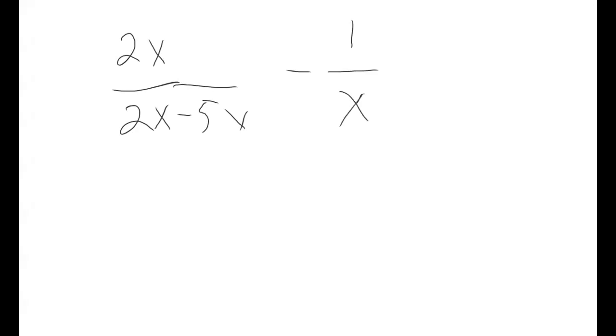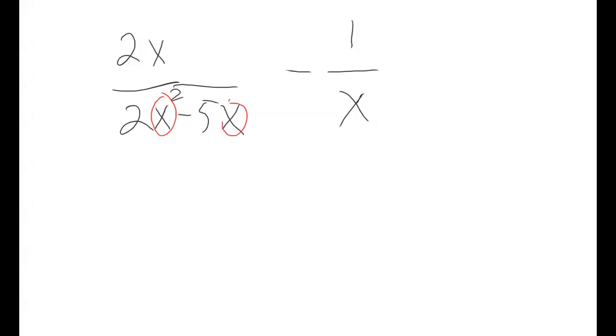So first we have to find a common denominator, right? I wasn't sure what the common denominator for that would be. So if we look at our first fraction here, notice they both have x's, right? So if I pull out a 2x squared... yes, 2x squared.